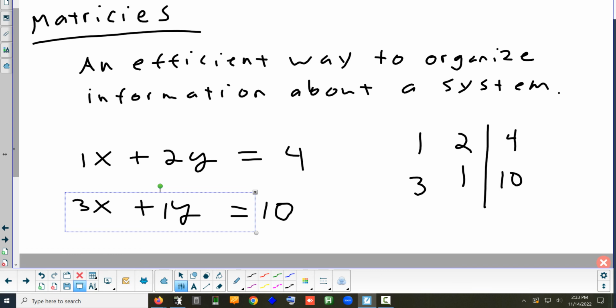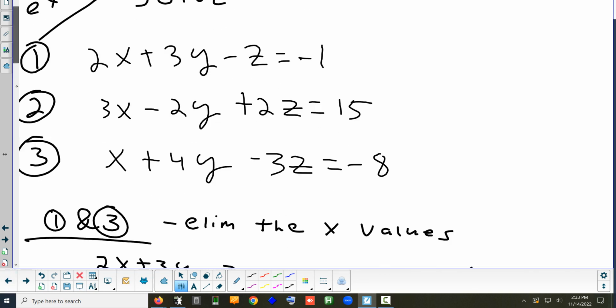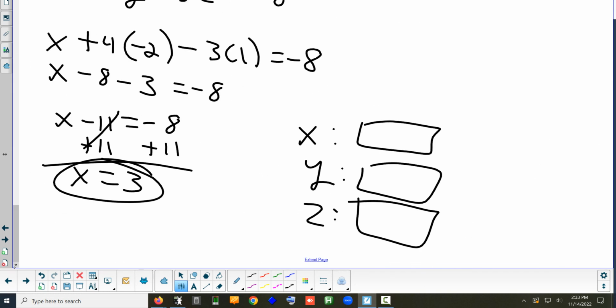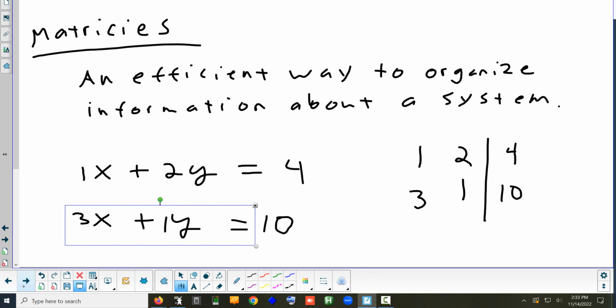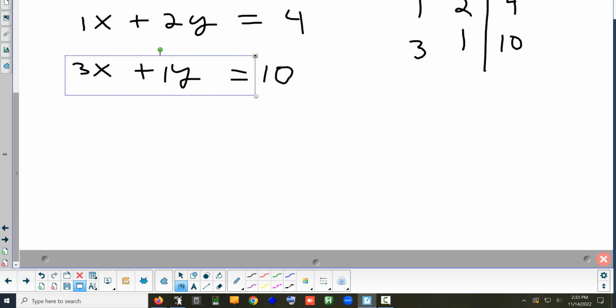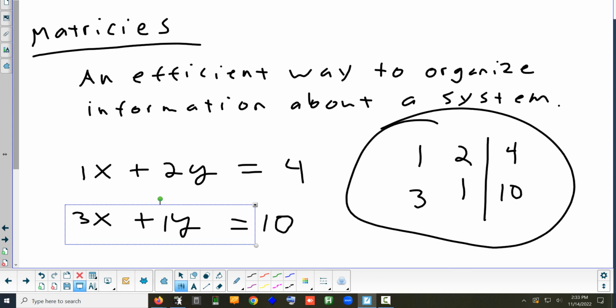Doesn't seem like it saves much, but when you get into a problem like we did last time, if you could cut the amount of writing down for this problem in half, well, that would be a lot less, right? So that's called a matrix. And we'll do more with a matrix tomorrow.